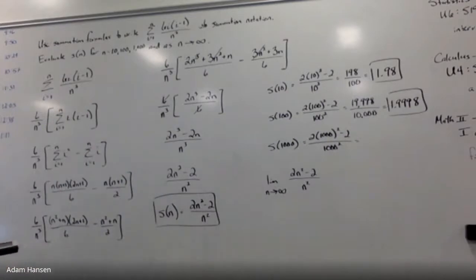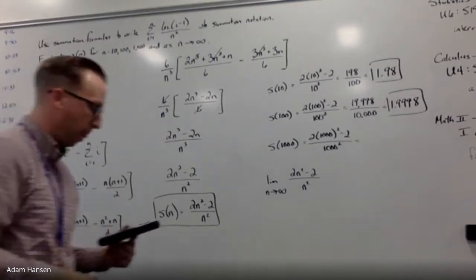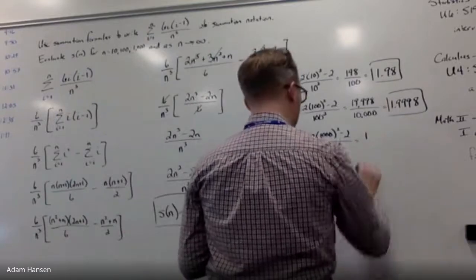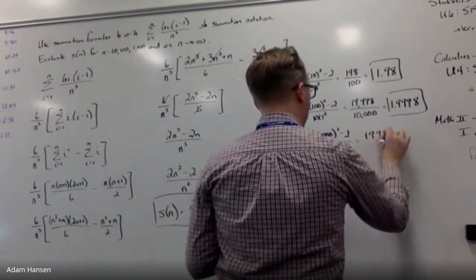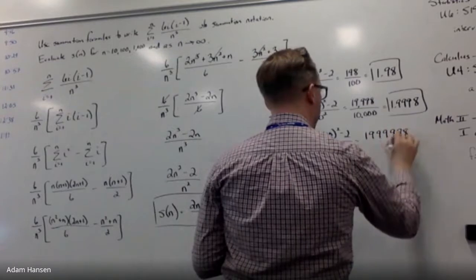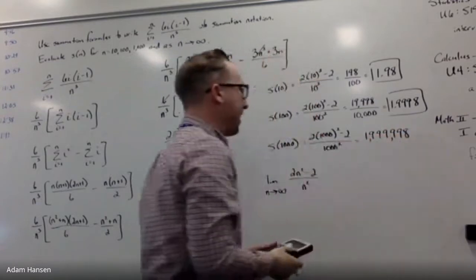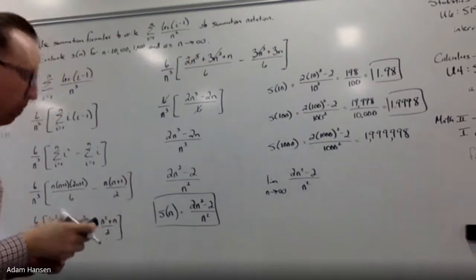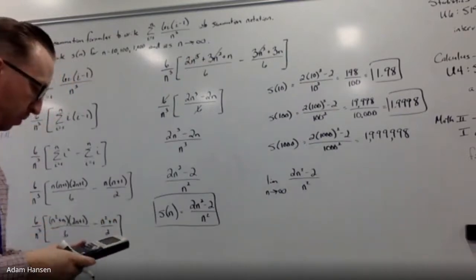Let's see, 2 times 1,000 squared would be 2 million, minus 2 is 1,999,998, divided by 1,000 squared.